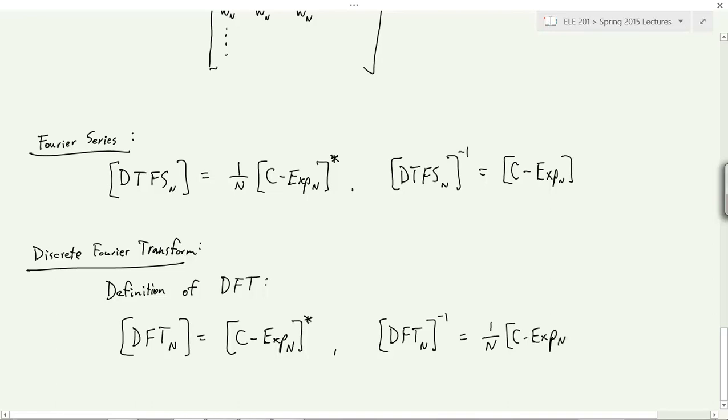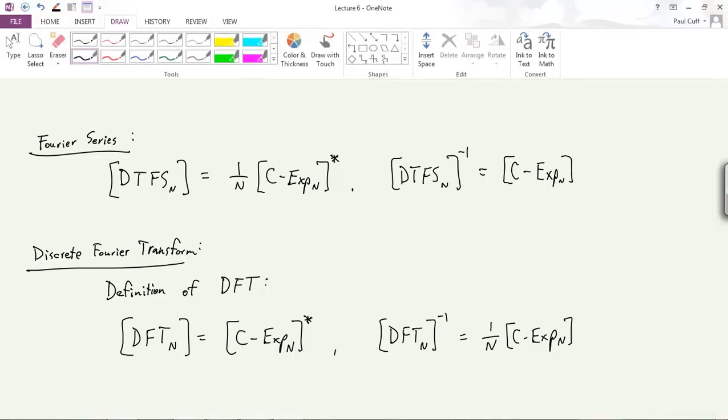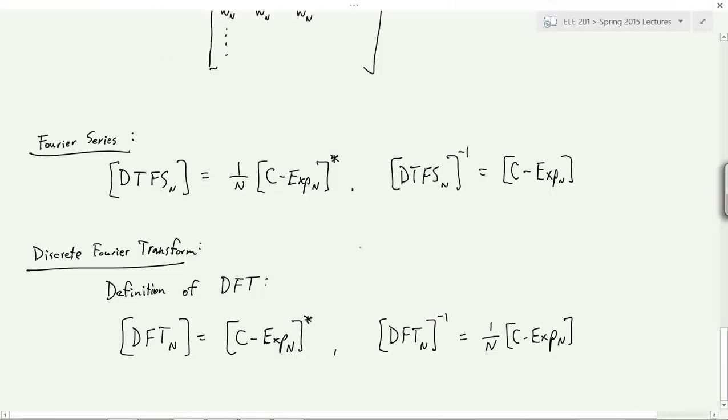So you see, I said that the DFT is essentially the discrete time Fourier series, and even in its most precise sense, the only difference is where you put the 1 over n.